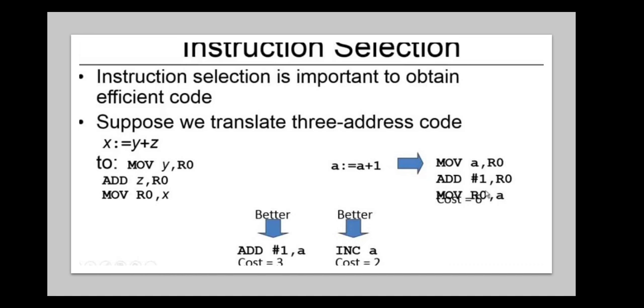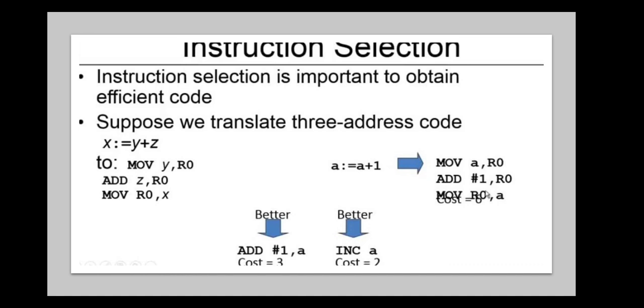Now you have to see x := y + z. Assume that the value of y is moved to R0, so R0 has the value of y. Now add z, R0 means the values will be added and stored in R0. Now the R0 value will be moved to x.